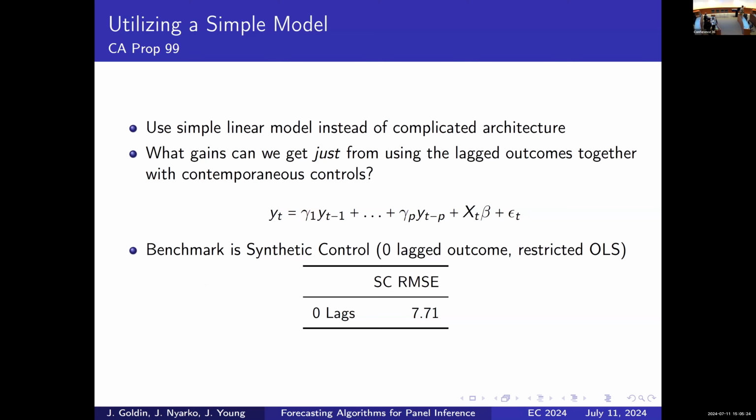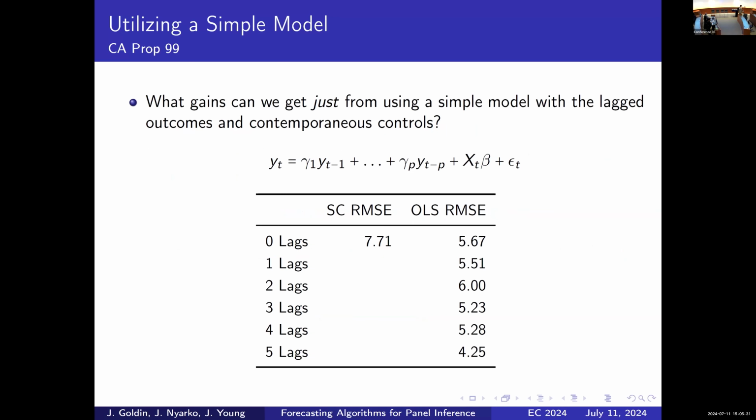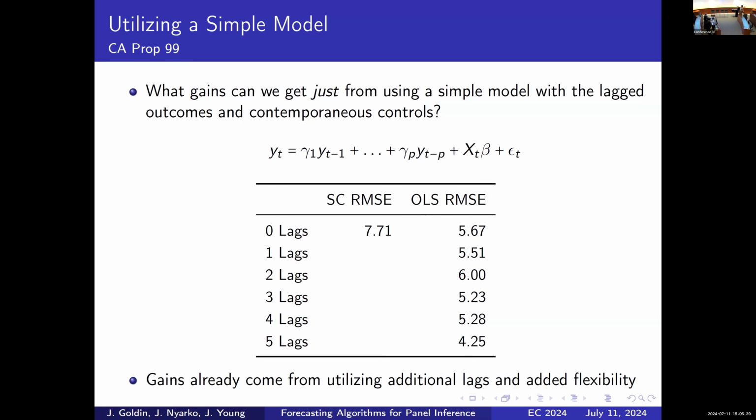So if we take synthetic control and we get rid of the restrictions, where the weights have to sum to 1 or all of these sort of constraints, you already get some gains. And these are root mean squared errors. And then if you introduce lags, you can get even more. So with added flexibility, you already get some gains. And this is the simplest of models. This is just like a regular OLS.